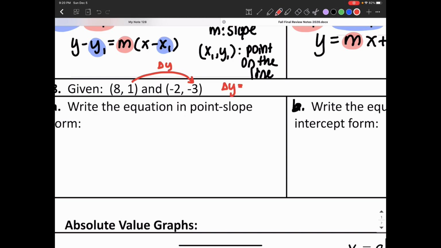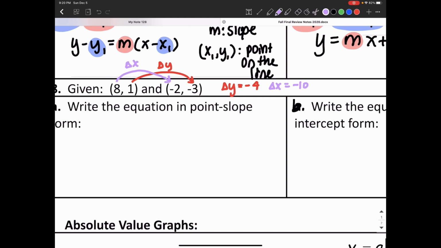The change in y is from 1 to negative 3. I know that I am subtracting 4, so the change in y is negative 4. Then I want to find the change in x, so I'm going from 8 to negative 2. That's the change in x. I know the change in x is equal to, if I go from 8 to negative 2, I've subtracted 10.